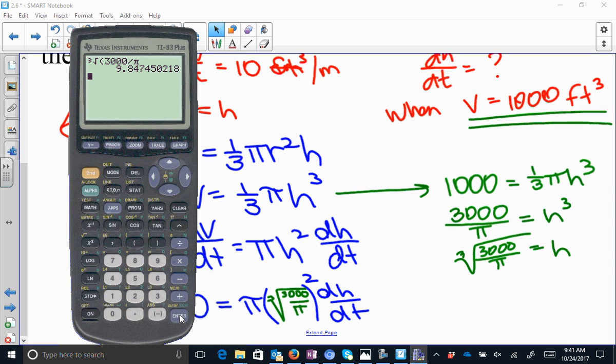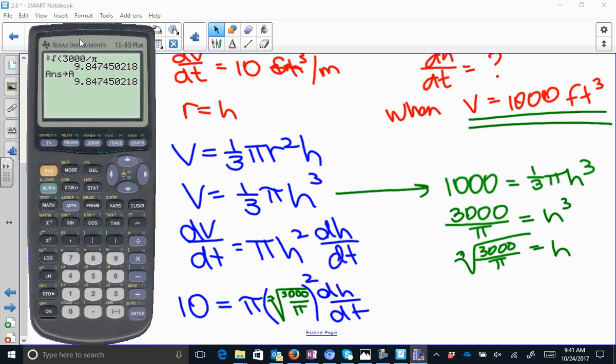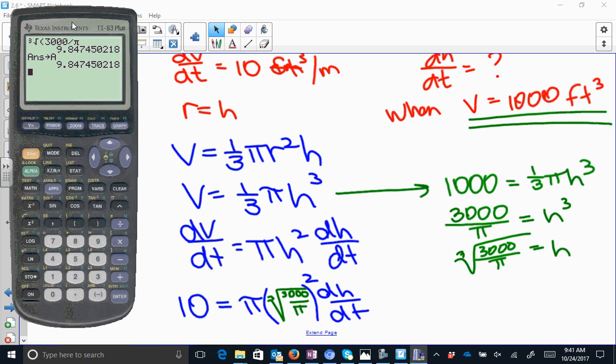So remember this STO arrow, that's your store button. I could store that in alpha A. Then when we go to solve this equation, I need to take 10 divided by the quantity pi times alpha A.